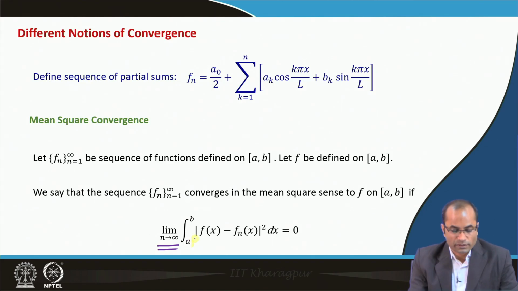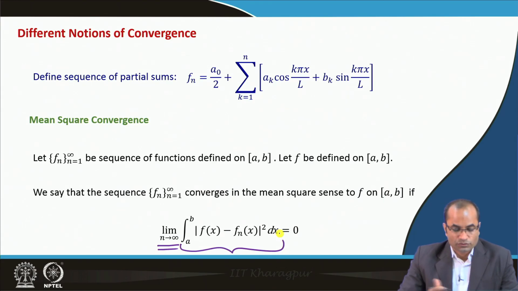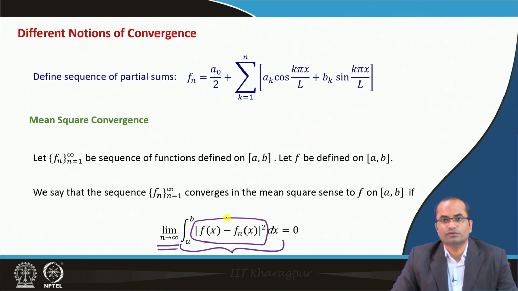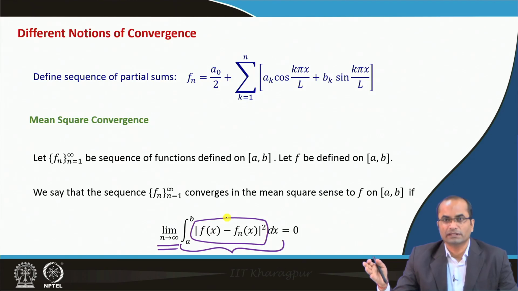Why in the mean square sense? Because this is a weaker version of the convergence; we will be talking about two more types of convergence later, because here we are letting only this difference under the integral go to 0. As we know, this integral does not read, for example, the value of the integrand at finitely many discrete points.